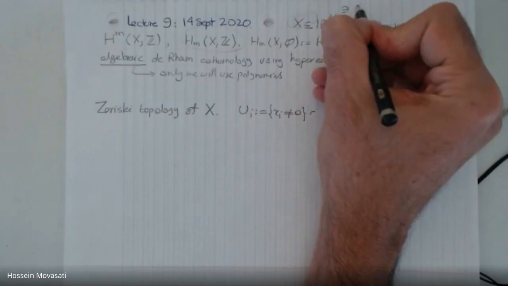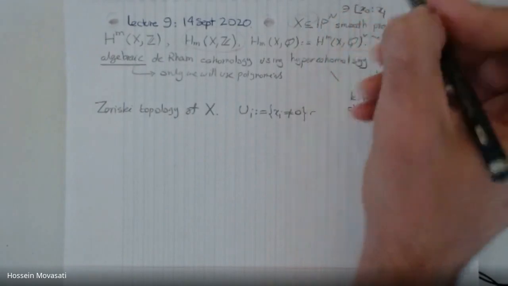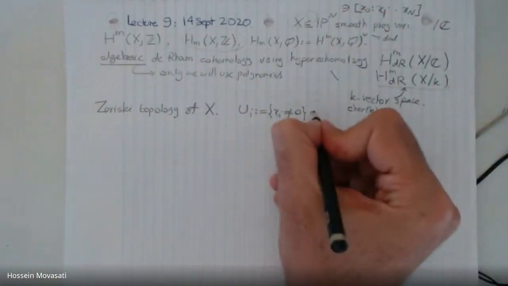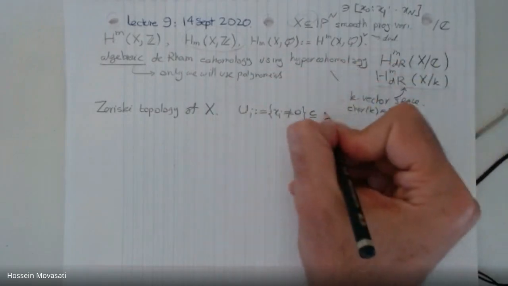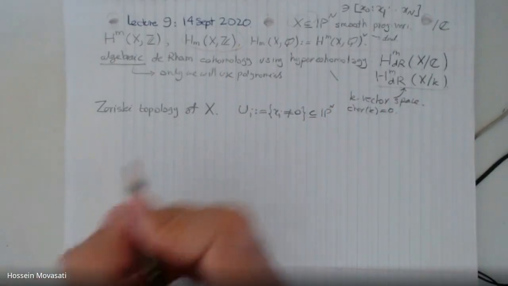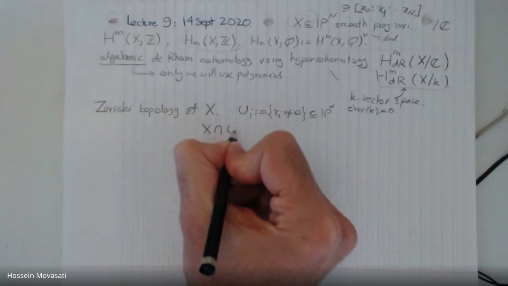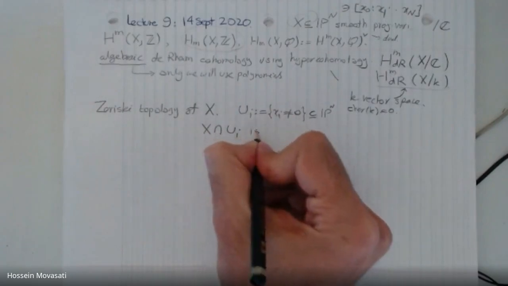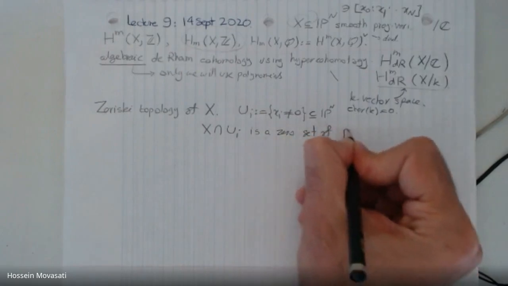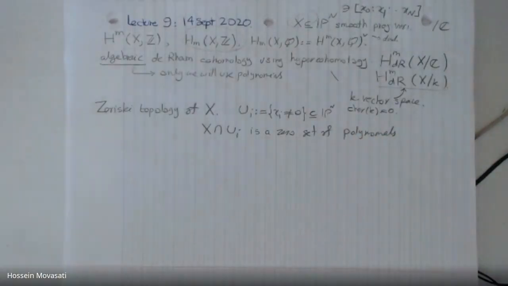Remember that my notation of coordinates in P^n is x_0, x_1, ..., x_n, and then this is an affine chart for P^n, and X intersected with U_i is a zero set of polynomials.